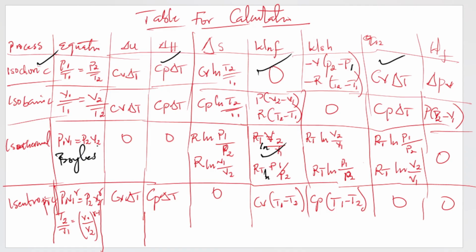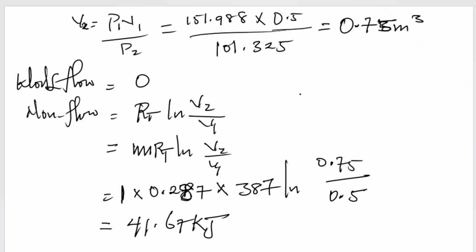Using the next formula, which is RT ln P1 divided by P2, let's see if we arrive at the same value. That formula is talking about mRT ln P1 divided by P2. Let's input the values and see if we arrive at the same answer.